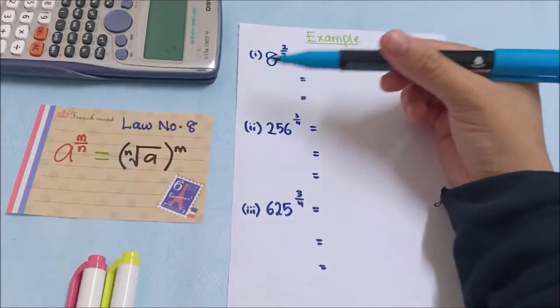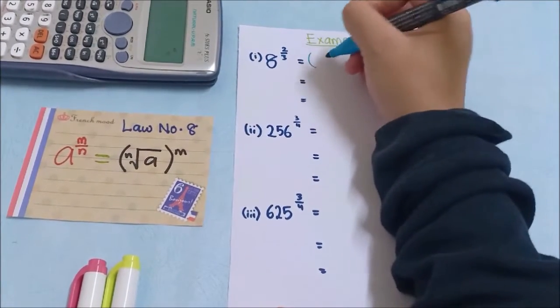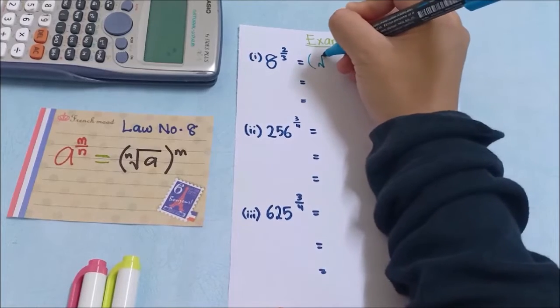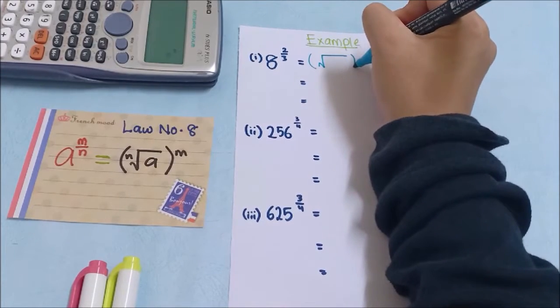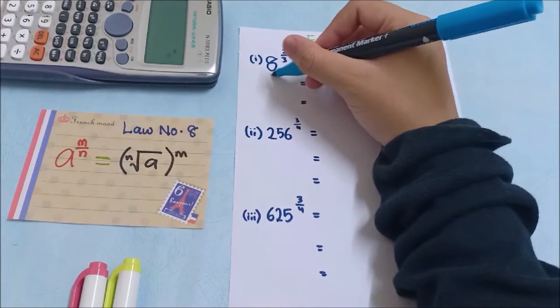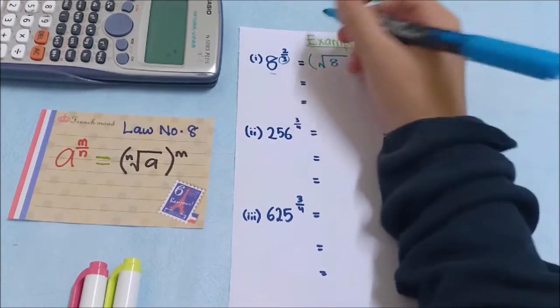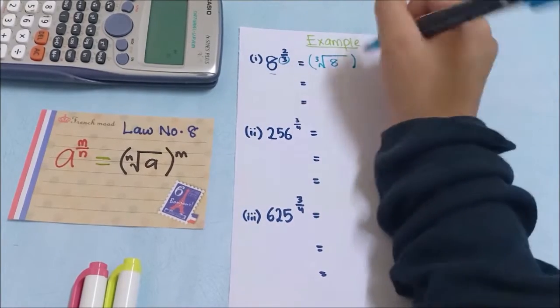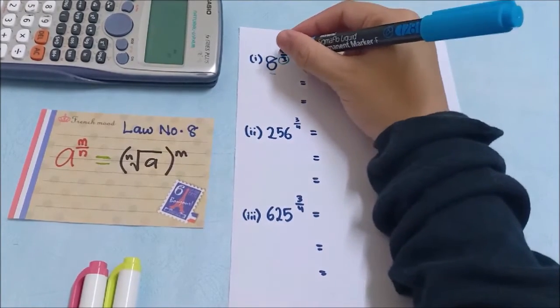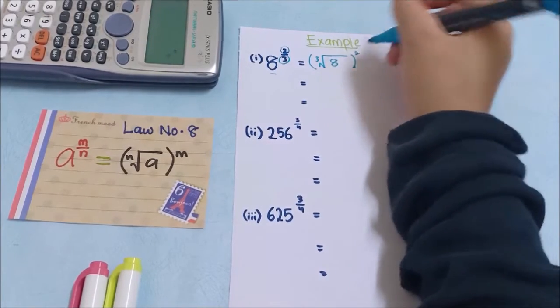By following the law, we will replace it into this term. The base we put in the root, the bottom of the fraction is put as the root index, and the top of the fraction we put outside of the bracket.